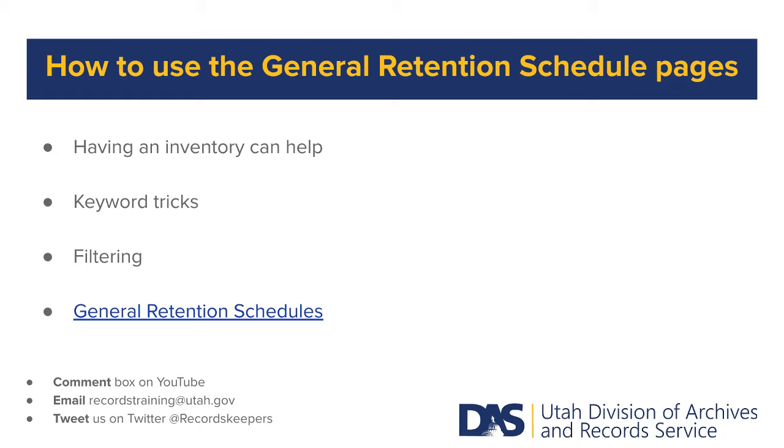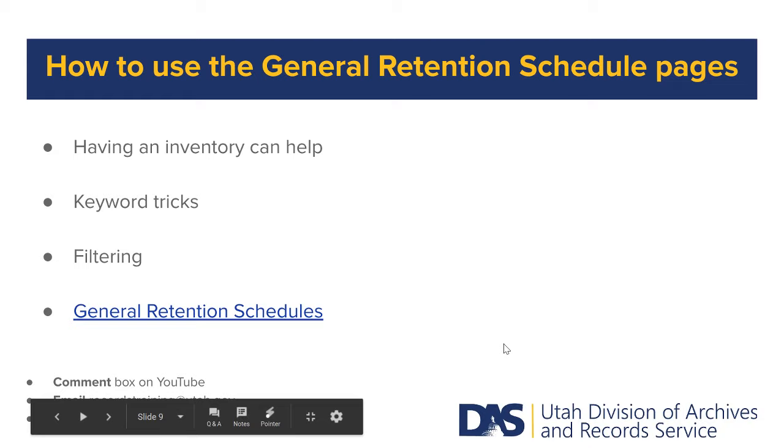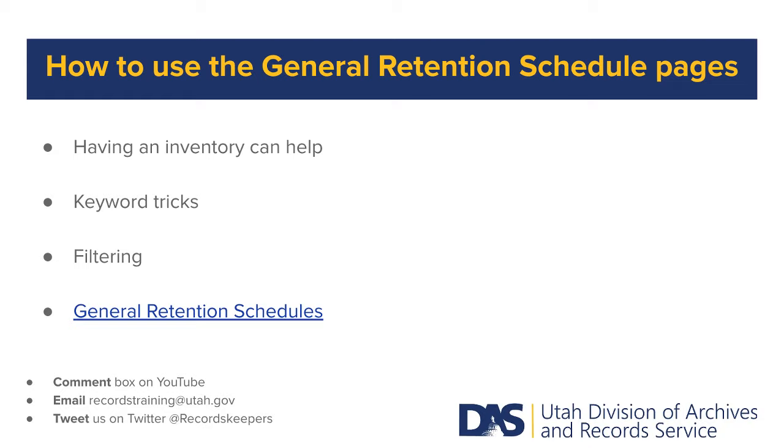If someone in your office created an inventory previously based on the old general retention schedules, those can still be helpful. And when we log in to the website, we'll show you some ways that you can use those old general retention schedule numbers to help you search. So if you have an old inventory, it's still useful, I would keep that around.